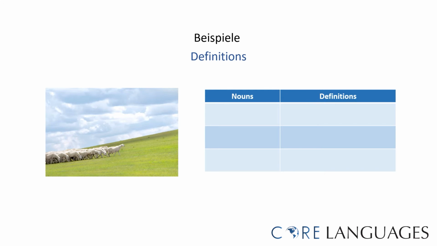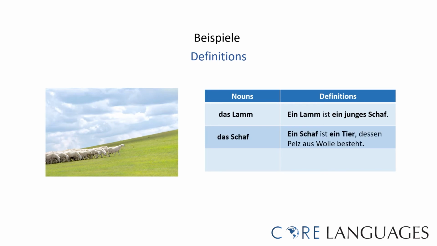Here are examples of sentences that refer to nouns that give general definitions. Das Lamm, the lamb, but ein Lamm ist ein junges Schaf. A lamb is a young sheep. Das Schaf, the sheep.